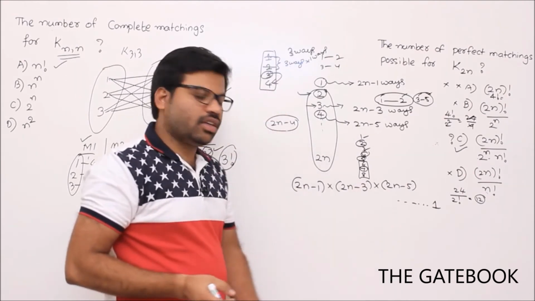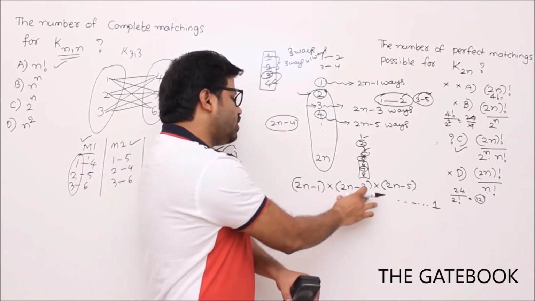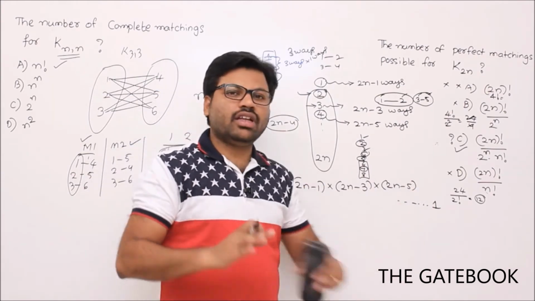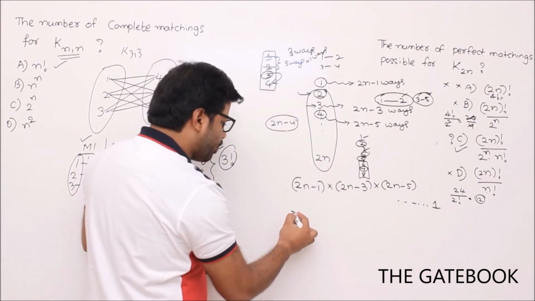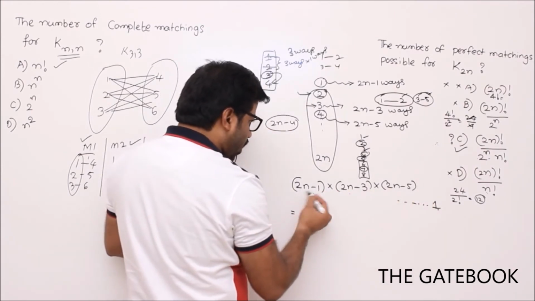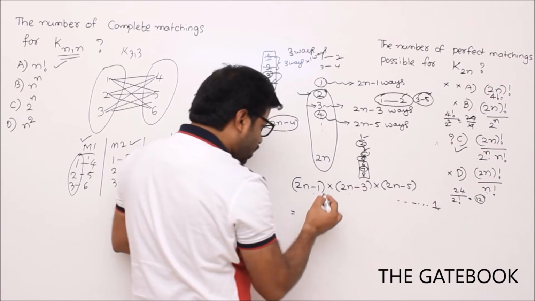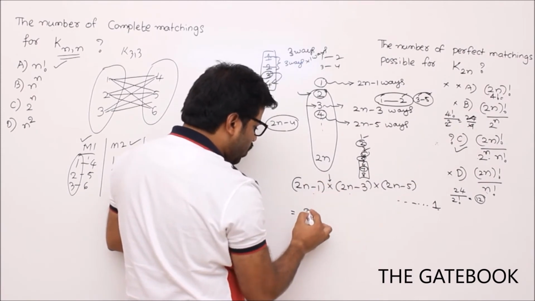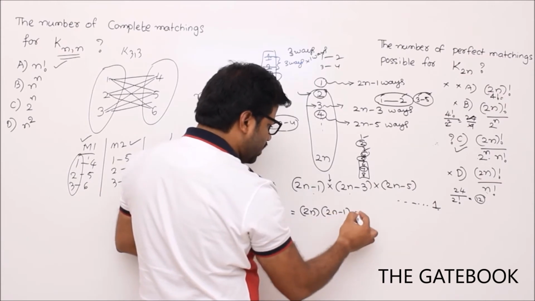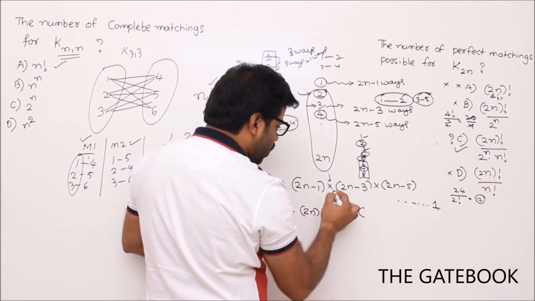Here also it is the same thing. The first element has 2n minus 1 ways, the second element has 2n minus 3 ways, and so on. The last element has one way, so the total number of ways equals 2n minus 1 into 2n minus 3, and so on up to 1. What I do is to get 2n factorial, so something is missing here. What is that? 2n is missing. I add it. 2n minus 1 I'll keep as it is, into 2n minus 2, which is missing.